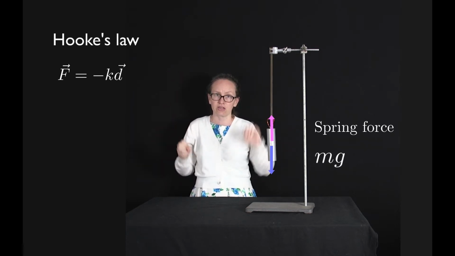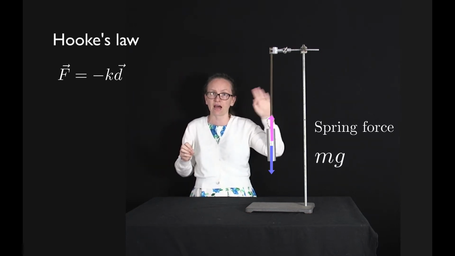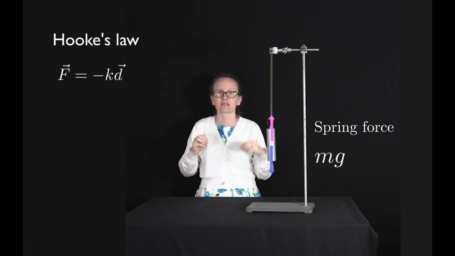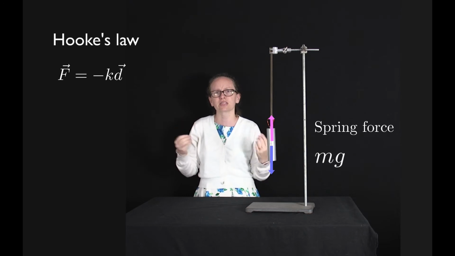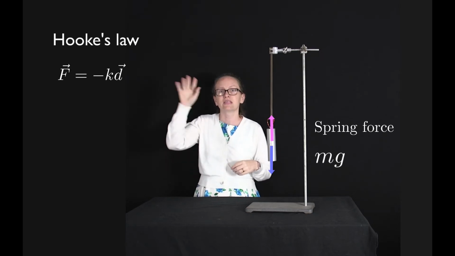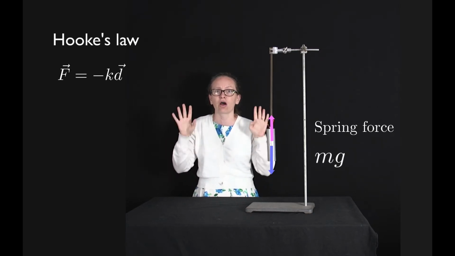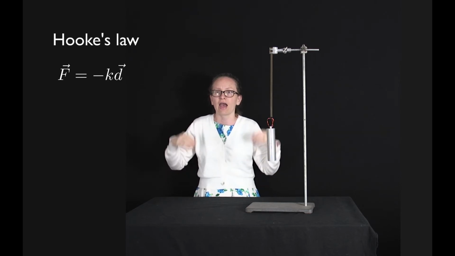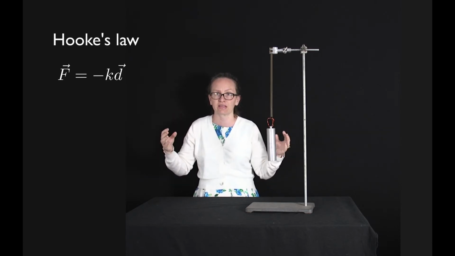In this equation, F is a vector and it's the force given in newtons. k is the spring constant, which is sometimes known as the stiffness constant, and it's different for different springs. d is the extension of the spring from its equilibrium position, and it again is a vector.